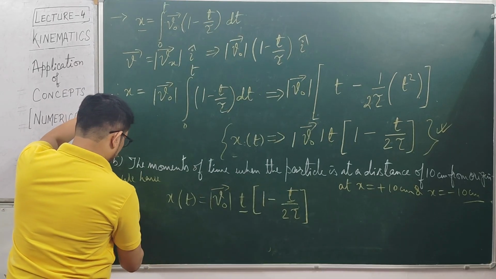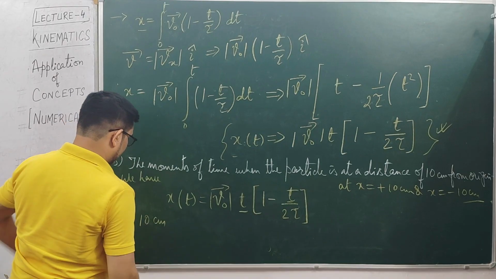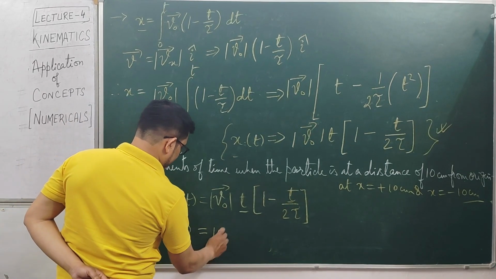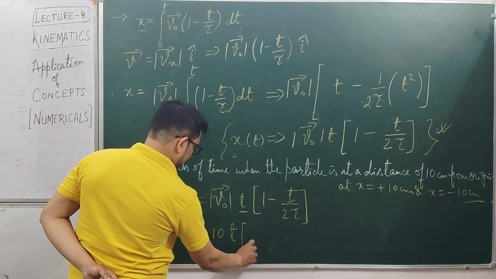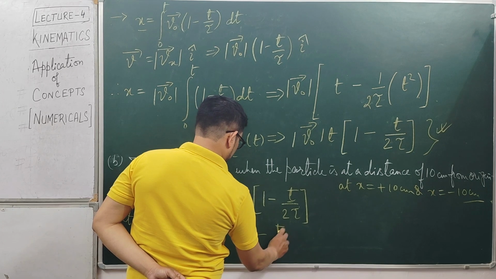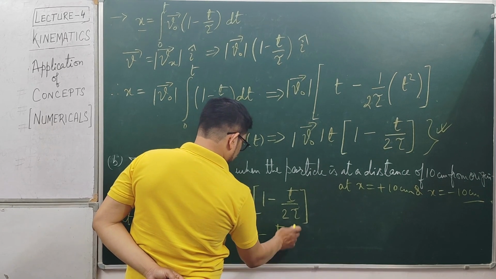So if you substitute 10 centimeters, we'll get 10 is equal to 10 times t, times 1 minus t by 2 tau, and tau we already know.